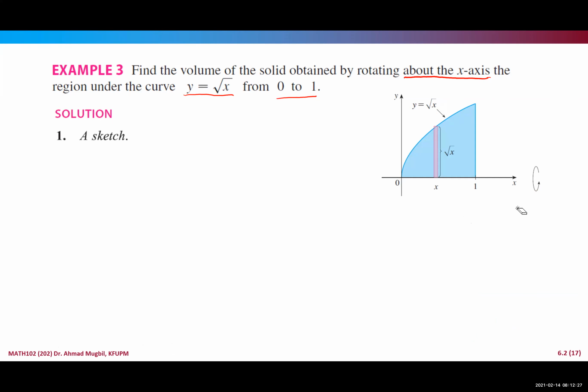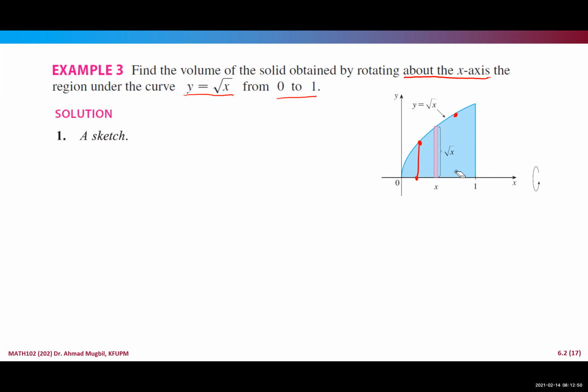Now we will draw a typical rectangle, or let me make it simply a line. You will draw a line at any place here or here, whatever. Since you can draw it anywhere between 0 and 1, we will call it a variable x.